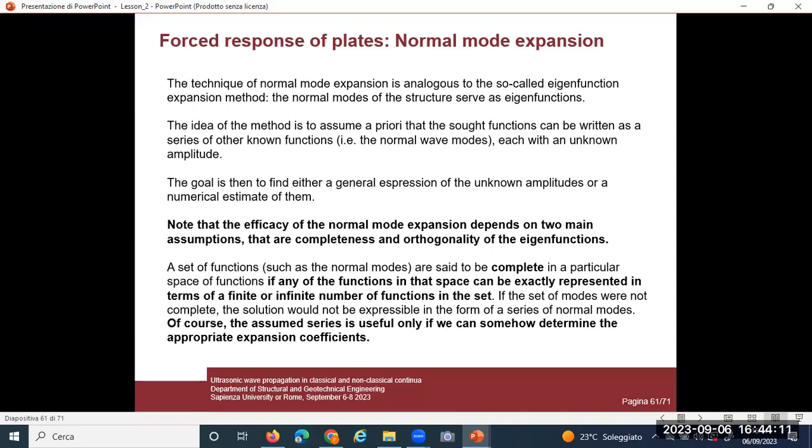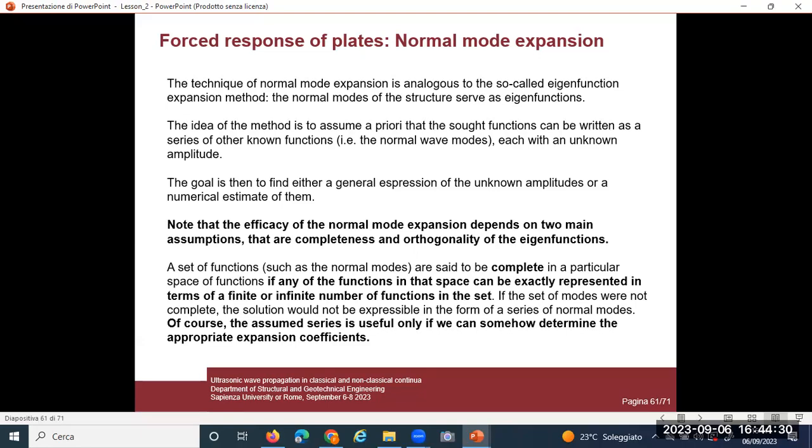Because in practice, when you solve a forced vibration problem, remember that in the literature there is this big difference between waves and vibrations.